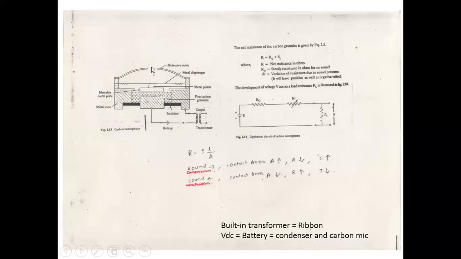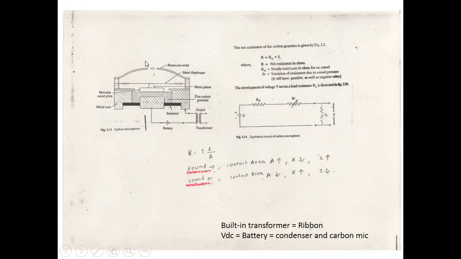Whenever you speak from this front direction, because of sound pressure, compression and rarefaction of the air, it falls on this diaphragm. The diaphragm is connected to the moving plate, and between the moving plate and fixed plate you have carbon granules.